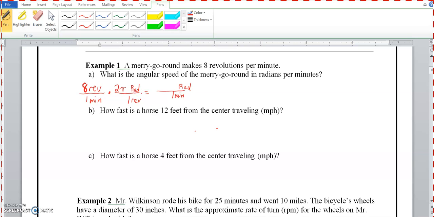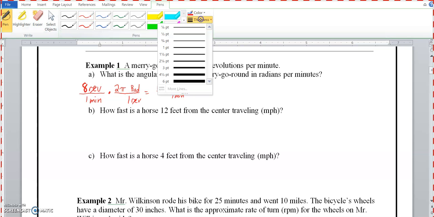So every time you go around a unit circle, we've gone 2 pi radians about the circle. So that means our revolution units cancel, and we get radians per minute. So we take 8 times 2 times pi, we get 16 pi radians per minute, because our denominators are both 1.